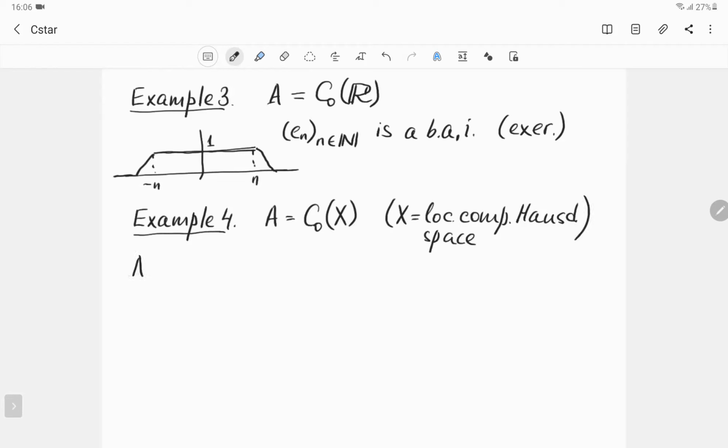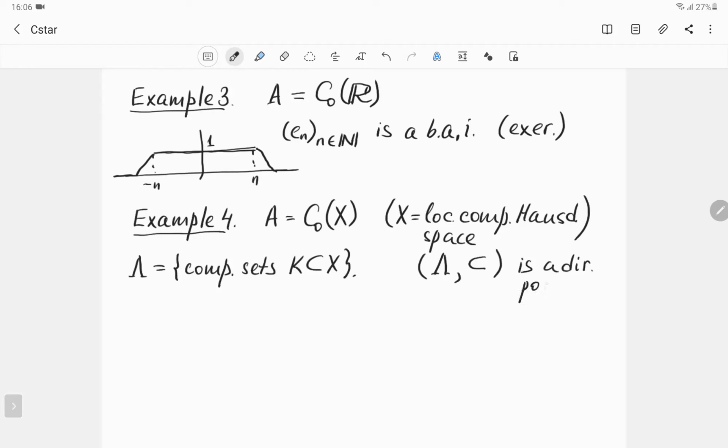And let lambda denote the set of all compact subsets K of X. So lambda is a directed poset with respect to the usual order relation, which is just the inclusion. It is directed because if you have two compact sets, then their union is also compact.